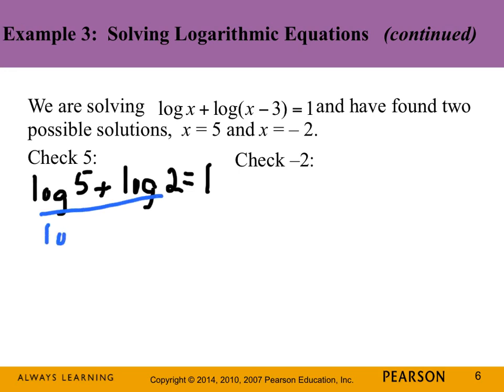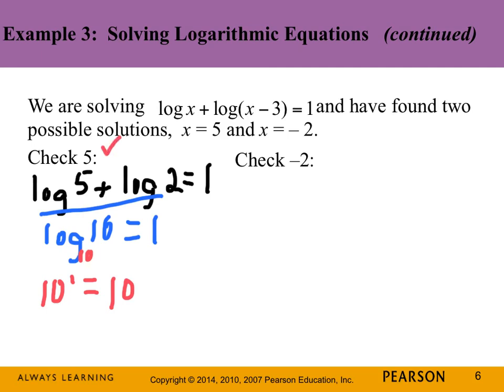That's the log of 5 times 2, which is 10, equals 1. Okay, now if it's a log and no base is written, it's base 10. And so this is true. 10 to the first does equal 10 when you rewrite it in exponential form. So x equals 5, that checks out.